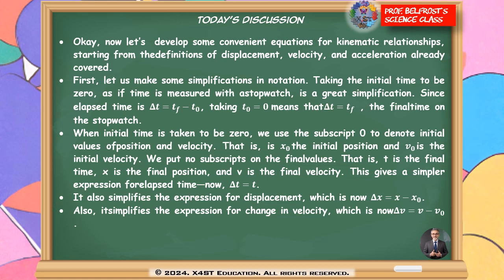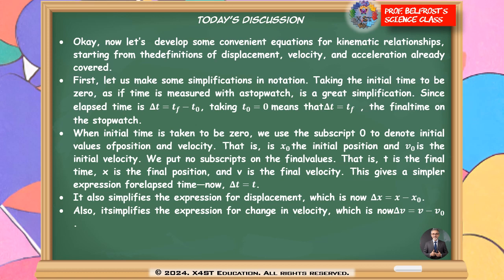When initial time is taken to be 0, we can use a subscript 0 to denote initial values of position and velocity. That is, x0 is the initial position, and v0 represents the initial velocity. We can put no subscript on the final values because it is clear. That is, t is the final time, x is the final position, and v is the final velocity.